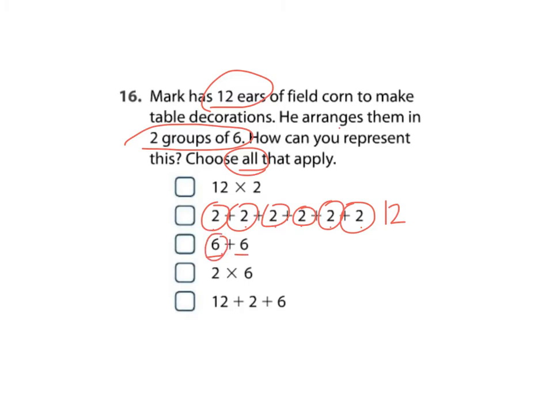Here's a group of 6. Here's a group of 6. Does that equal 12? Yes, it does. And what about 2 times 6? 2 groups of 6 equals 12. So we have another. What about this? 12 plus 2 plus 6. It does not represent our problem.